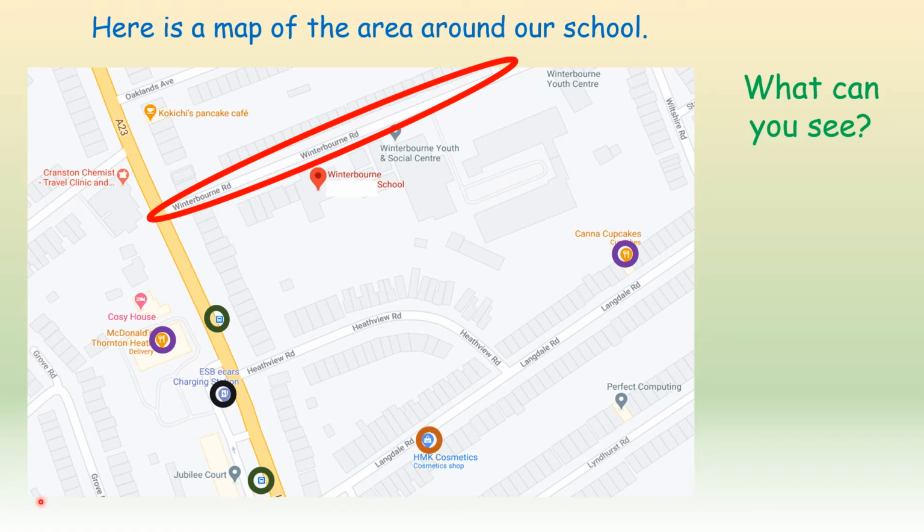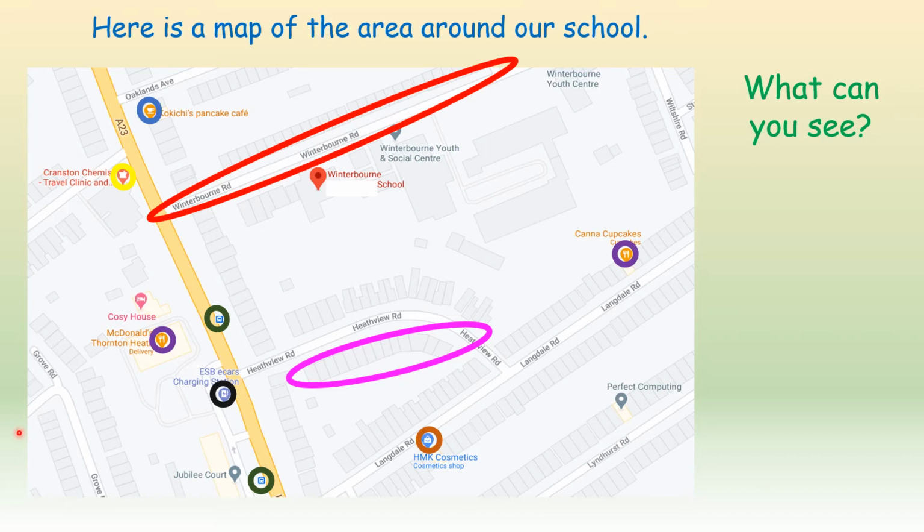I can see a cosmetics shop. I can see a pancake cafe. I can see a chemist. And these little rectangles that are all over the map, they represent houses and the different buildings that are around the area.